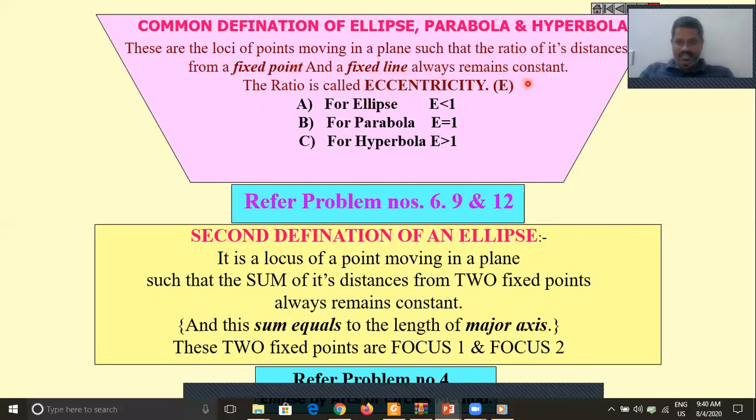So the ratio is called the eccentricity. What does eccentricity mean? The ratio of distances of a moving point from a fixed point and a fixed line is called the eccentricity.